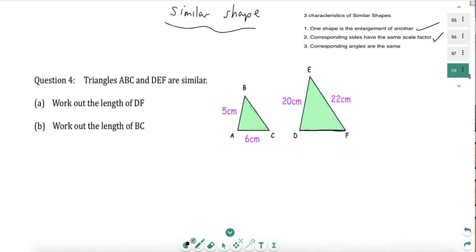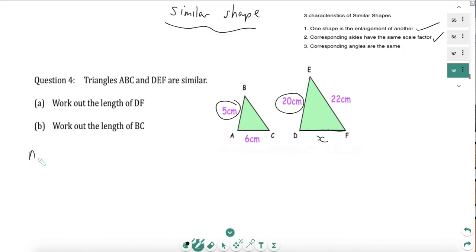So if we're able to find out the scale factor of these two sides, since they're similar, we can apply the same scale factor to these two sides here to find DF. So let's find a scale factor between 5 and 20. How can you find a scale factor? There are three ways: you can write it as a number, a fraction, or a ratio.